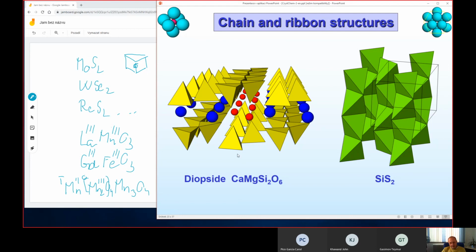In silicates, which are oxides, the SiO4 tetrahedra are always corner-shared. There is one exception in chalcogenides. Silicon disulfide has edge-shared tetrahedra, but it never occurs in oxides. In oxides, in normal silicates, we always have corner-shared structures.